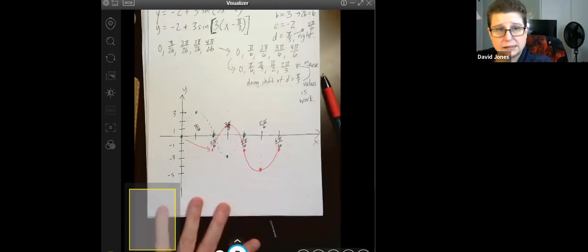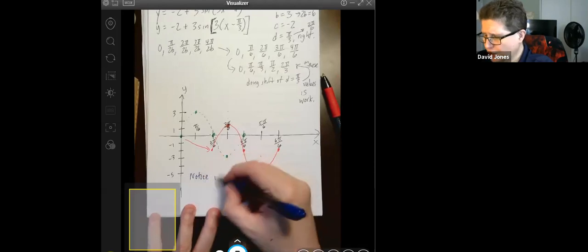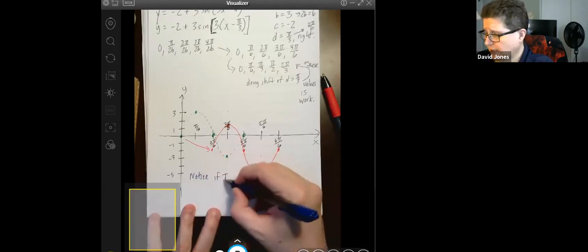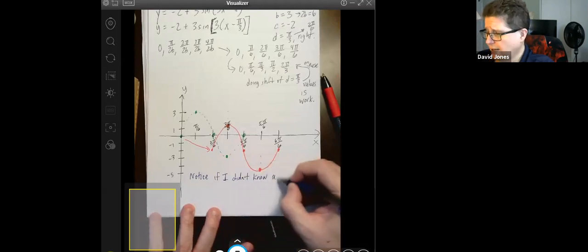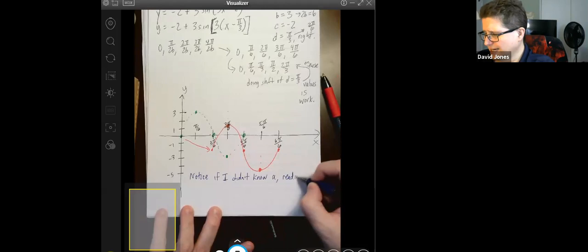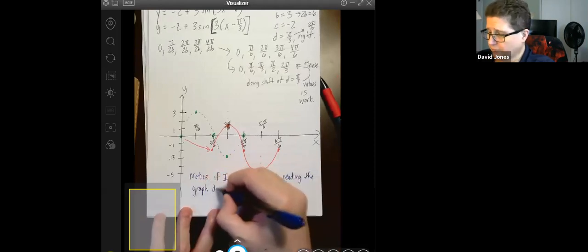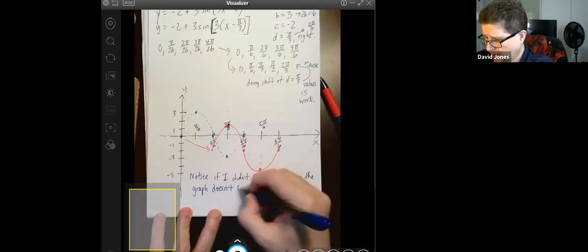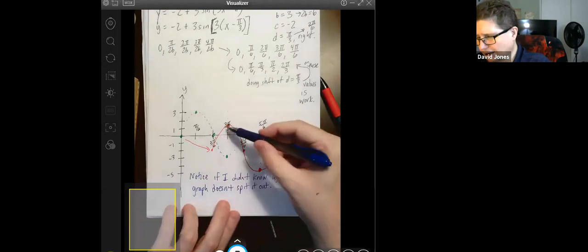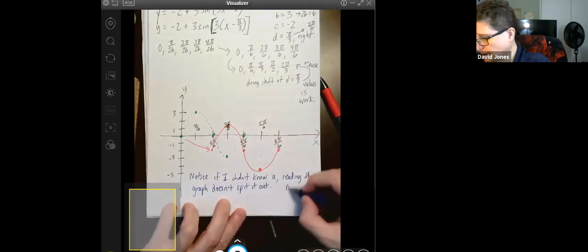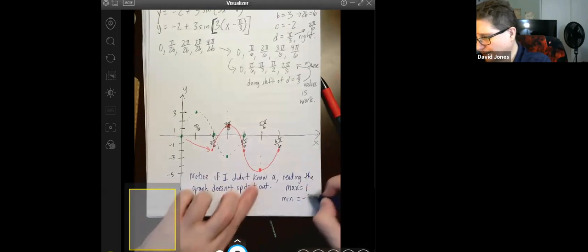Notice, if I didn't know A, the amplitude, reading the graph doesn't give it to me. It doesn't spit it out. My max here is 1. My minimum here is negative 5.